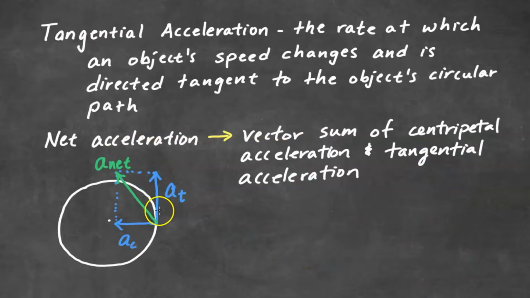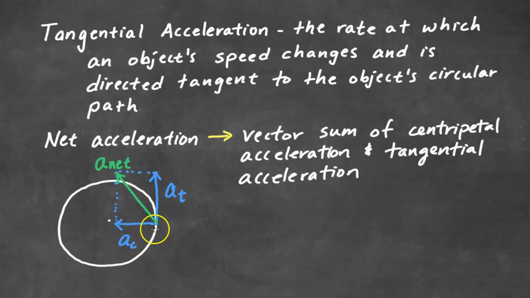Now, sometimes an object might be going faster and faster in a circle. And if that happens, not only does it have a centripetal acceleration, but it also has a tangential acceleration. And this is the rate at which an object's speed changes and is directed tangent to the object's circular path. So you can imagine like a merry-go-round where it starts to go faster and faster. It started from rest and then it's going faster and faster.